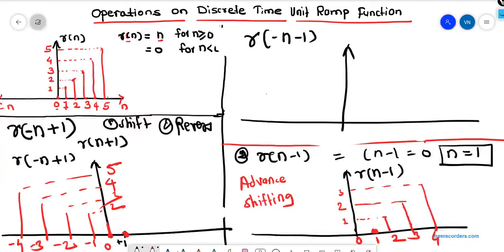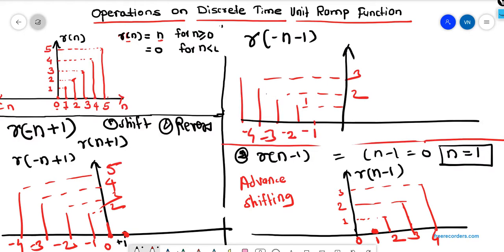Whatever the signal was starting from, now that signal will start from minus 1. So minus 1 has a 0, minus 2 has 1, minus 3 has 2, minus 4 has 3, minus 5 has 4. So basically we have to reverse that n minus 1 signal.